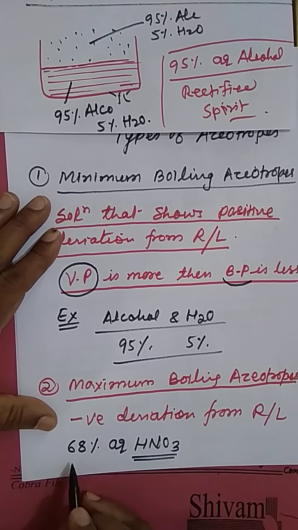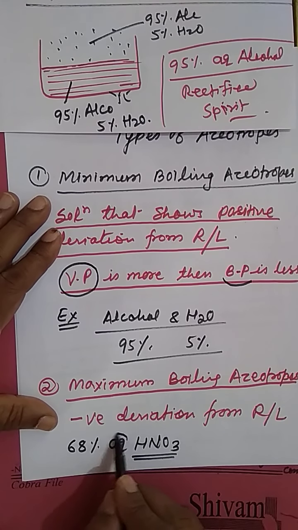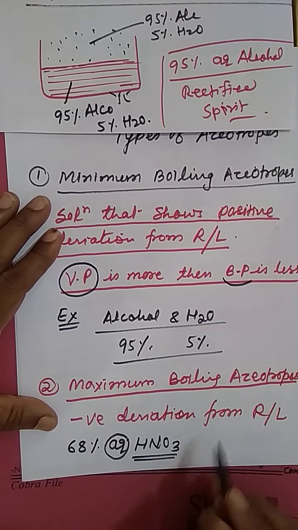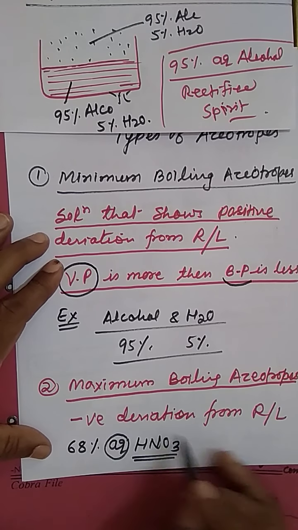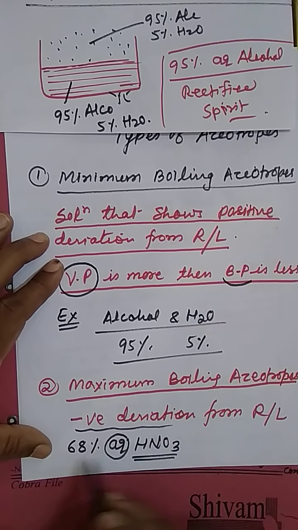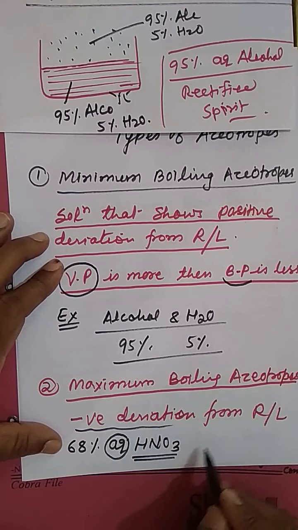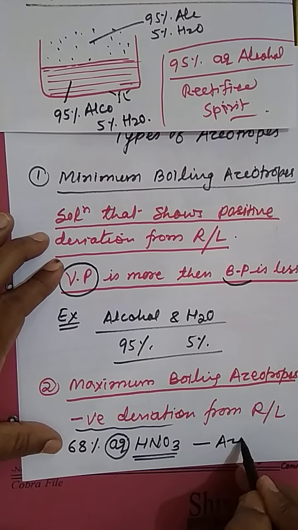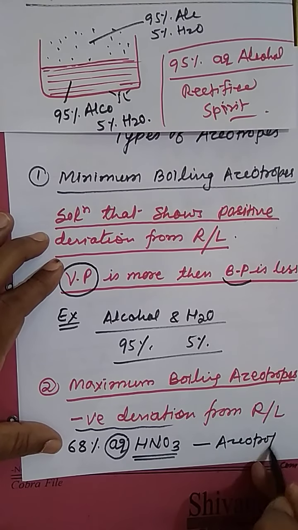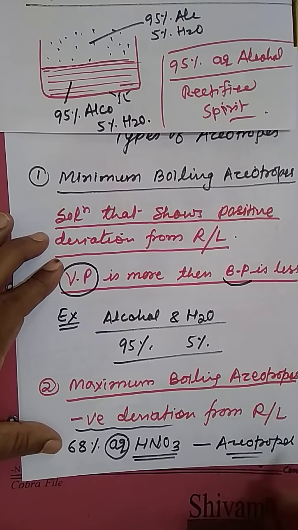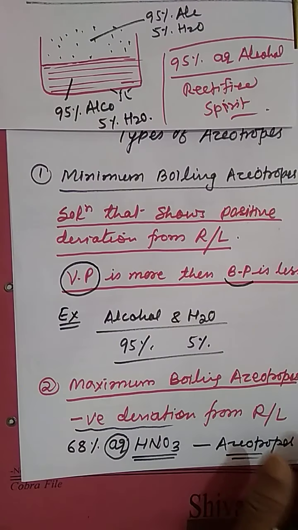In this there is hydrogen bond formed between water and nitric acid, and it shows negative deviation, and you can't increase the concentration more than 68% because it is an azeotrope. So as a student, I think you know well.